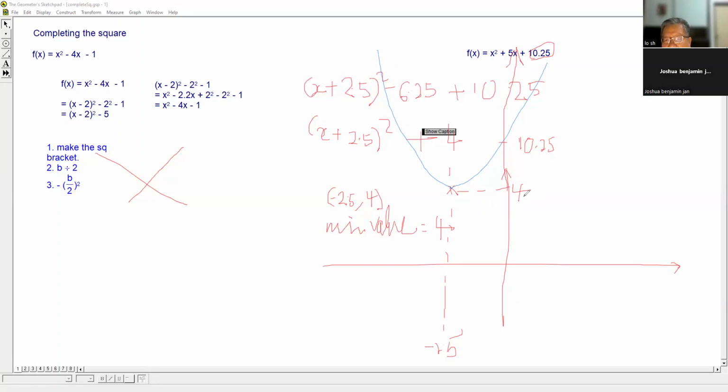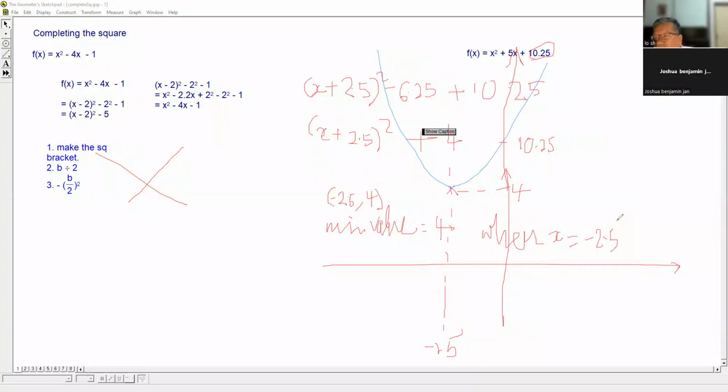When will this 4 happen? It will happen when x is 2.5. Minimum value is 4 when x is negative 2.5. The minimum point is negative 2.5, 4, one pair of values.